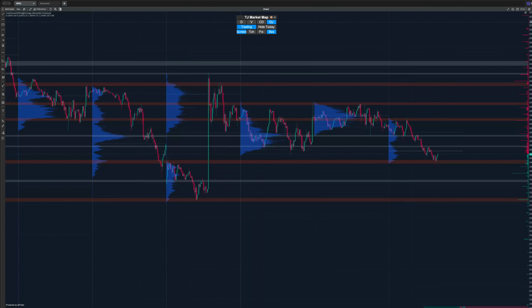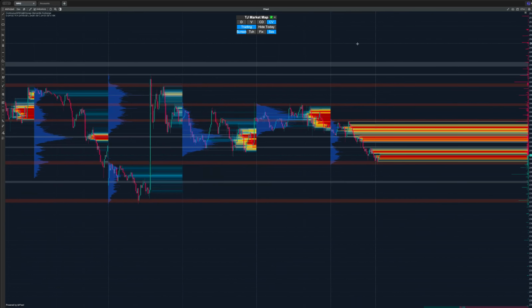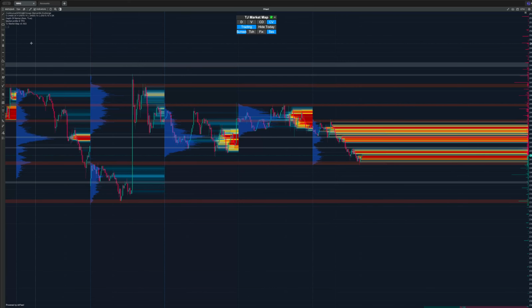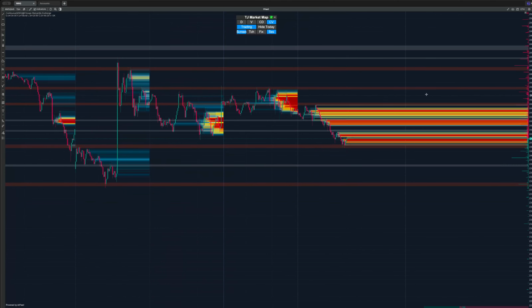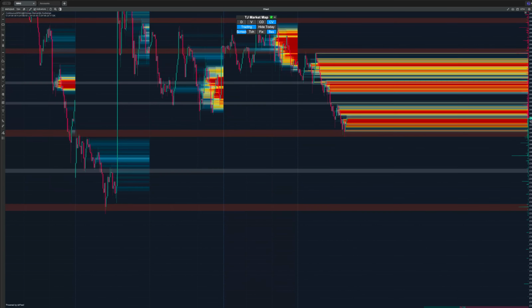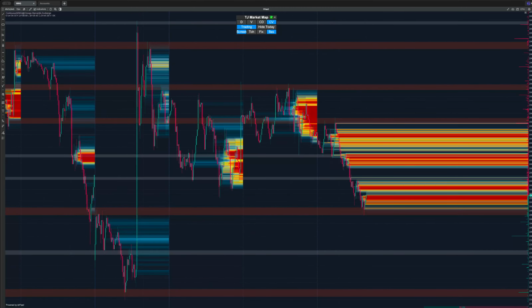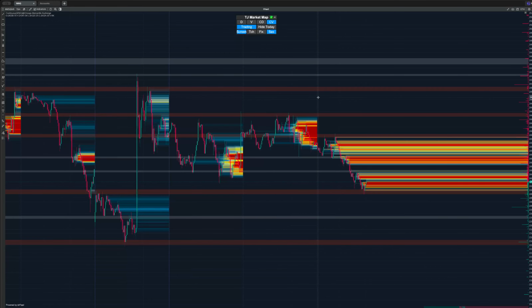So now I can compare that one with my market map. That market map actually shows the actual trades and the volumes which happen there, and shows it in a heat map form, which I personally like for trading. If I look here, that one I like to move a little bit deeper because the real trading only started there.